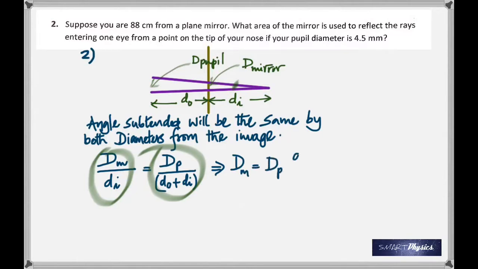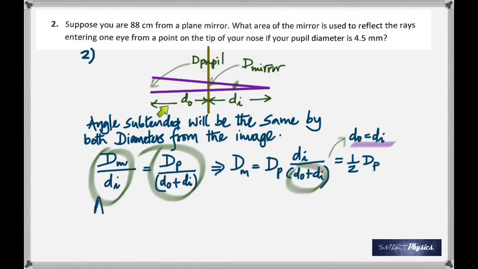You're asked to find the area of the mirror, so if you get dm, now how is this half dp, because do is equal to di, object distance equal to image distance.